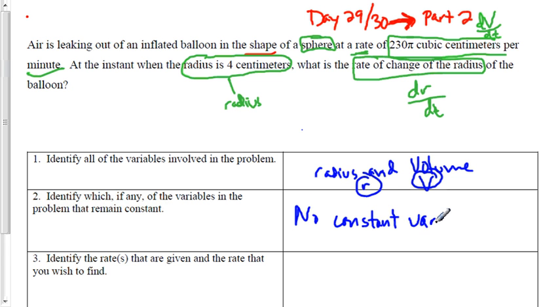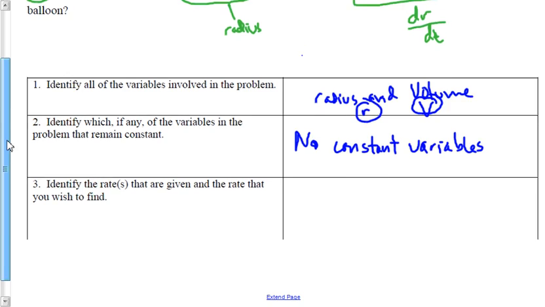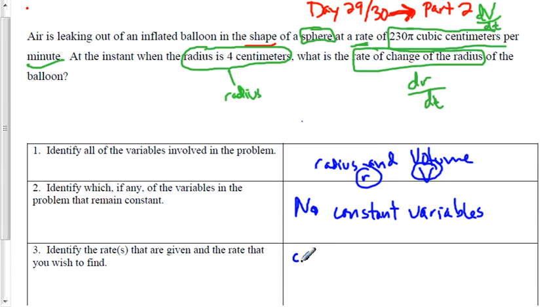Number 3 asks us, and I broke these up in 2 parts, identify the rates that are given and the rate you wish to find. So what did they tell us? If I go up above, they told me dV/dt is equal to 230 pi cubic centimeters per minute.